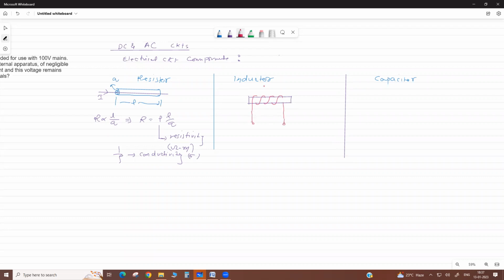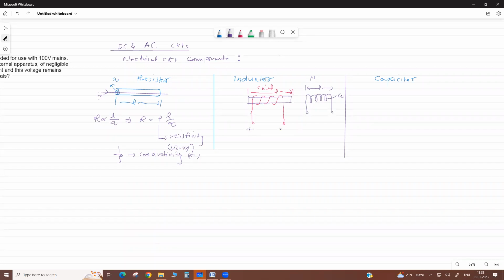Here is the length of the coil, and this is the cross-section area of the coil, with number of turns N, suppose.